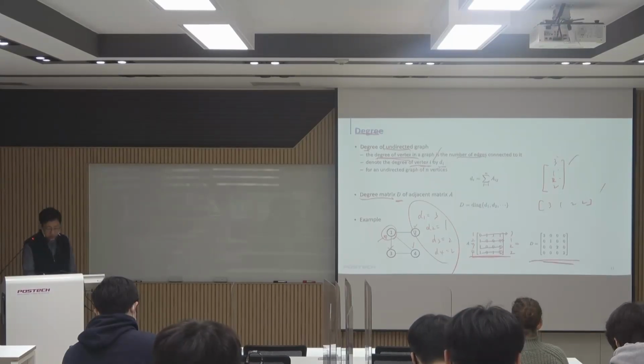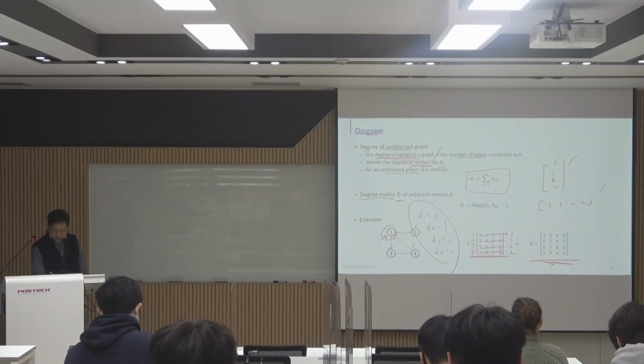So for an undirected graph, say this adjacency matrix A, and we have indices I and J. If you do summations, that's the same as the degree.